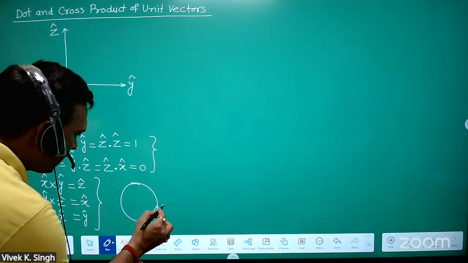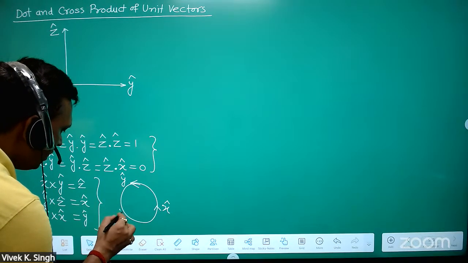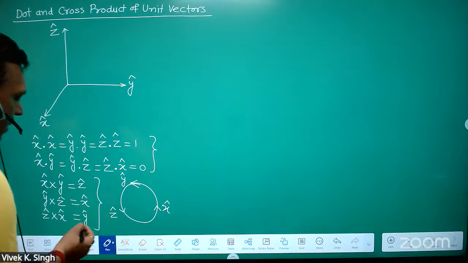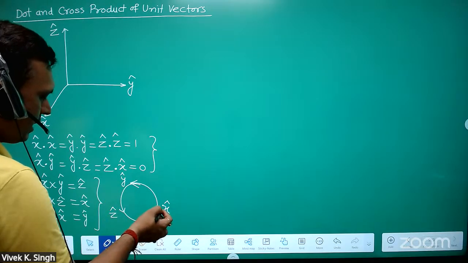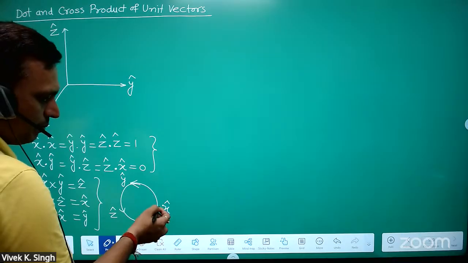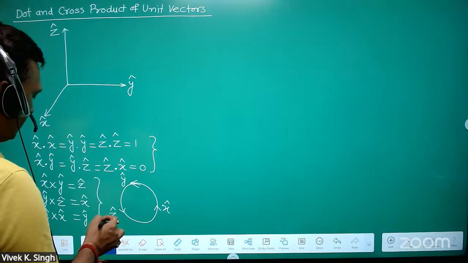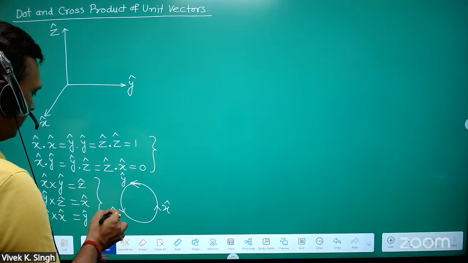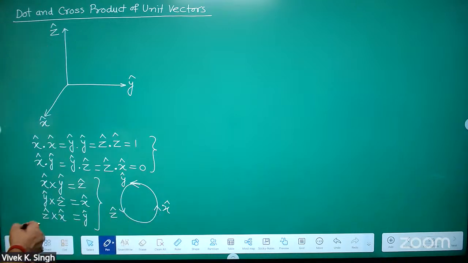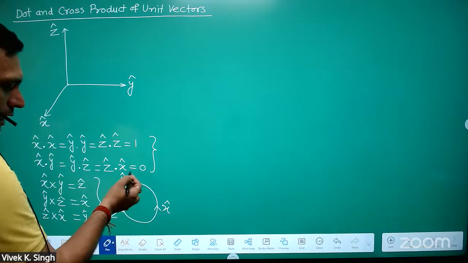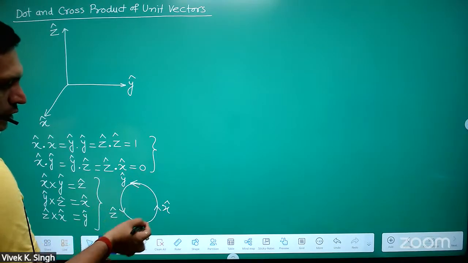So if this is x cap, let's say this is y cap, this will be z cap. But if you move in the opposite direction, you will get a minus sign. So x cap cross z cap is minus y cap, or y cap cross x cap is minus z cap. Is it clear? If you move anti-clockwise, you will get a positive sign. If you move in the clockwise direction, you will get a negative sign.